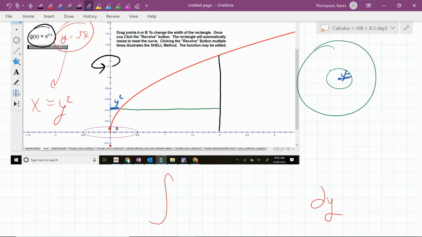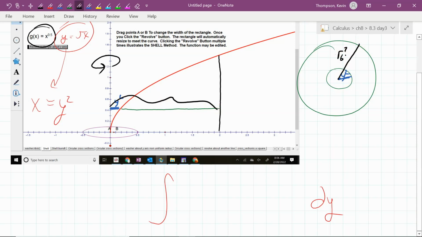So when you think again about the washer method, we needed the big radius. Well, what is the big radius over here in this drawing? Somebody else tell me. Faith? So the radius, though, is 2, yes, and so it's just always 2, isn't it?